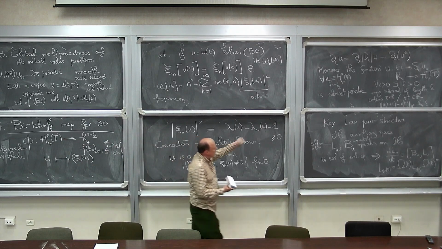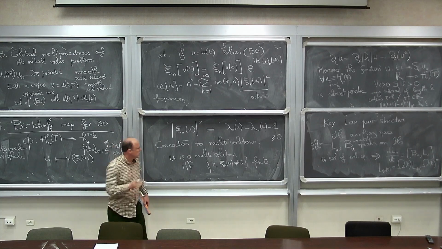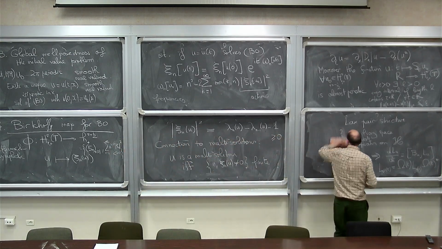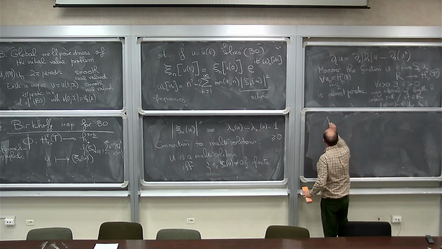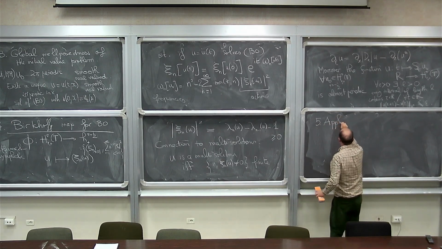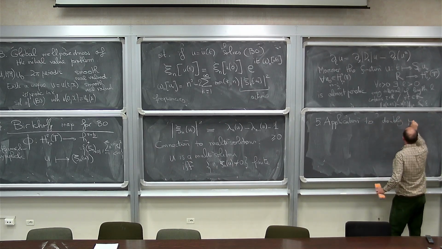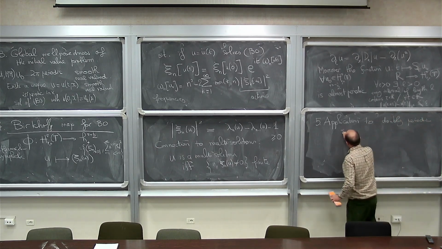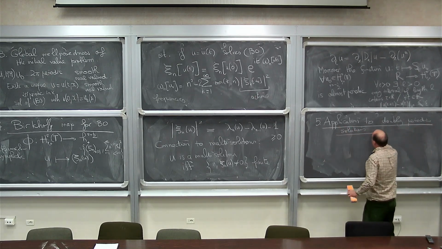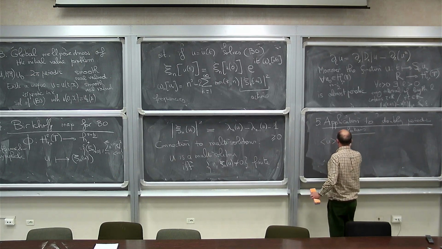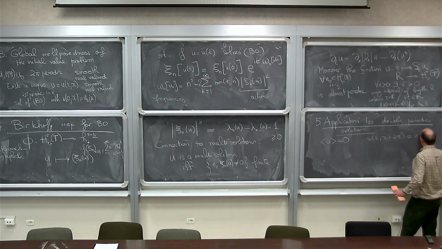Okay, so just in the remaining time, sorry, I'm probably already out of my time, I would like to give you an application of this to doubly periodic solutions. So again, just for simplicity, I'm going to work with solutions which are 2π periodic with average 0.